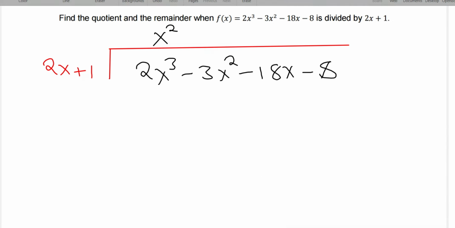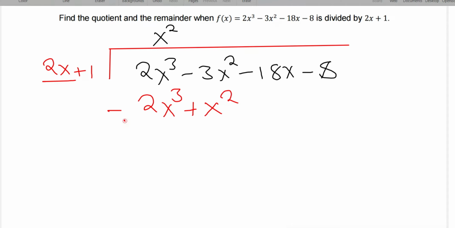Now, to move to the next step, you multiply, just like we do under normal long division. x squared multiplied by 2x gives us 2x to the power 3. Then x squared multiplied by the 1 gives us plus x squared.